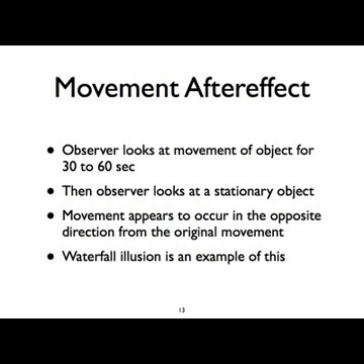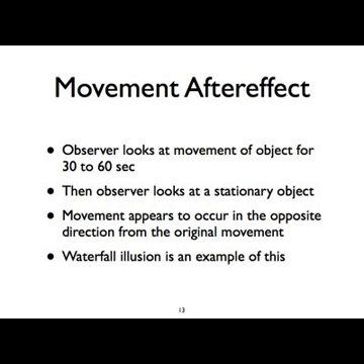Motion after effect is where you look at a stimulus that's moving in a certain direction. We've actually messed around with this a little bit before. So it basically takes the same strategy as the color after effect, right?